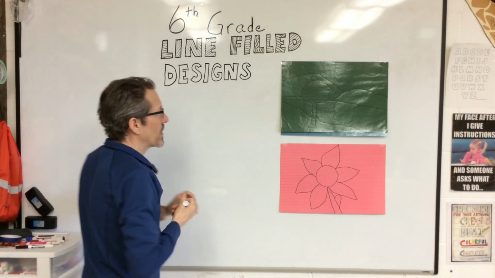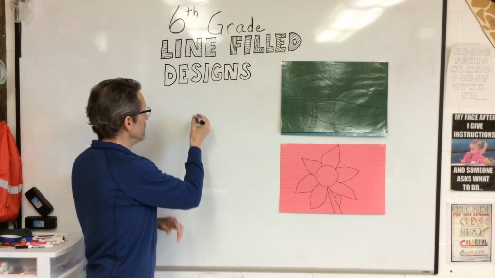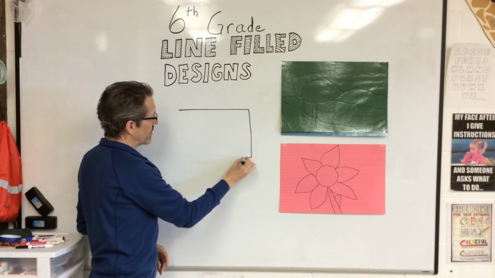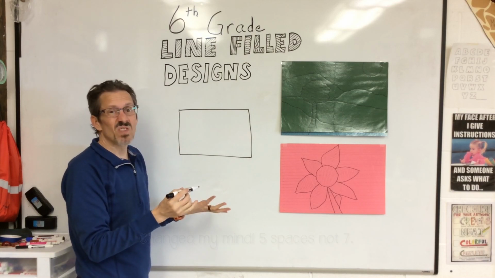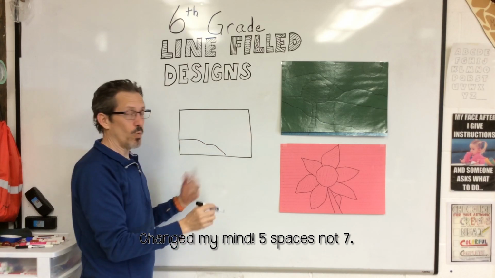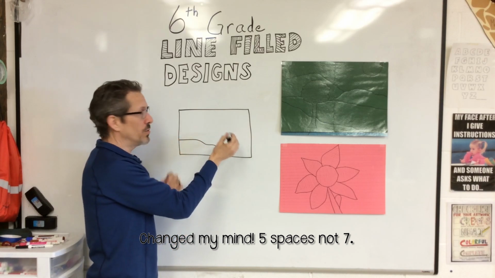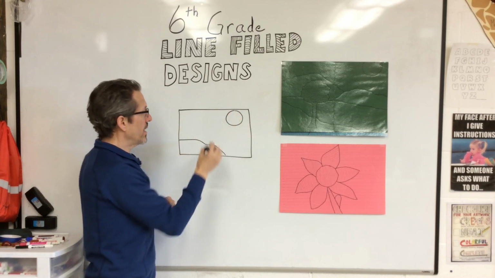On a regular piece of paper, all you're going to need to do is create areas. So we have 1, technically 2. I'm going to do another area up there.